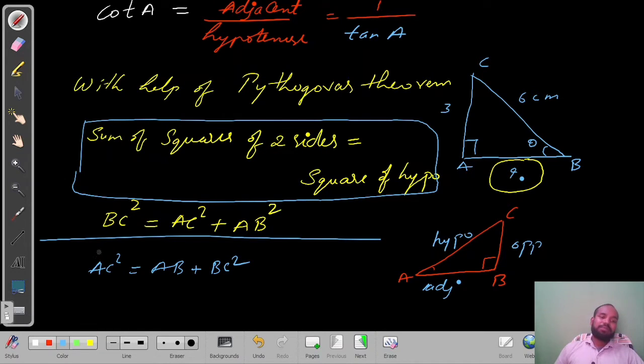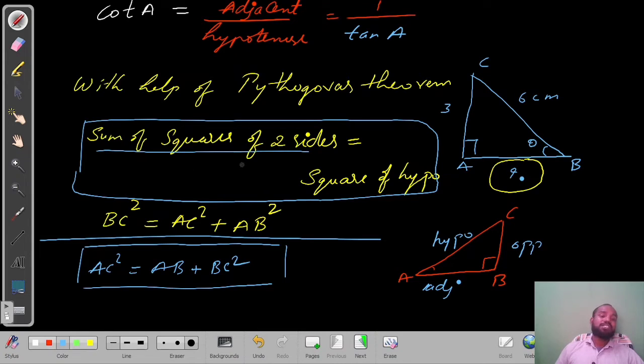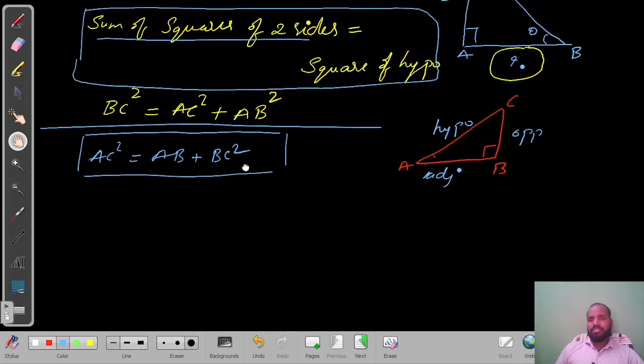It depends upon the diagram, that is, your triangle shape. But the basic thing is the sum of the squares of the two sides equals hypotenuse square. Now our job is to find the unknown value, right?